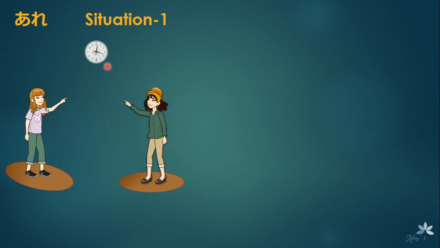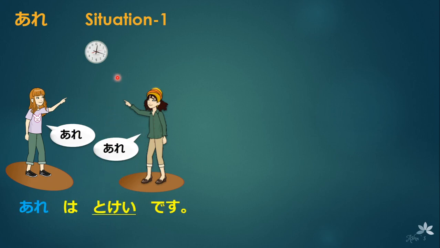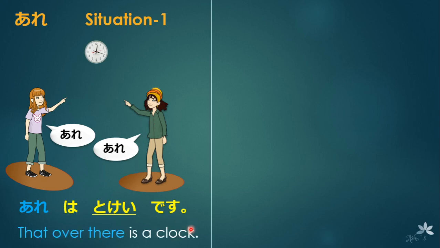This object, which is far away from both, will be referred to as are by both the speaker and the listener. When they have to say about this clock, they will say are wa tokei desu. Are wa tokei desu, which means that over there is a clock.